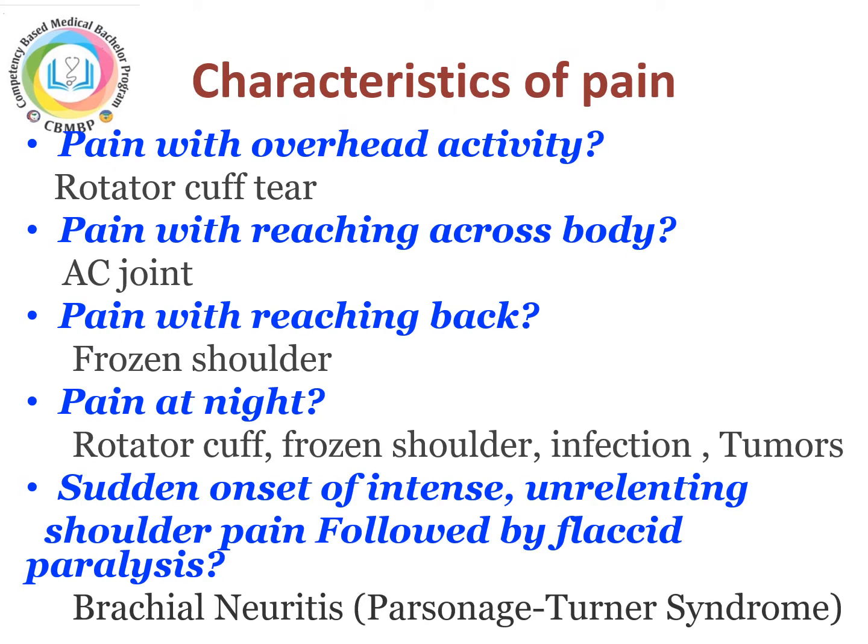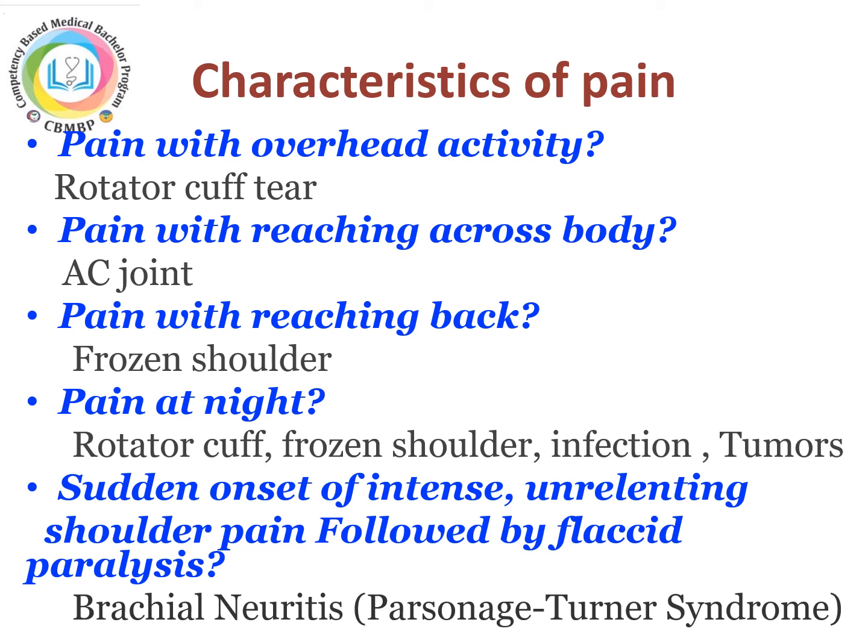The characteristics of pain should also be learned. Pain with overhead activity means rotator cuff tear. Pain with reaching across the body means acromioclavicular joint. Pain with reaching back means a frozen shoulder, and pain at night means a frozen shoulder, infection, tumors, rotator cuff tears.